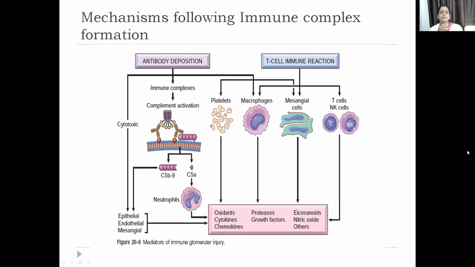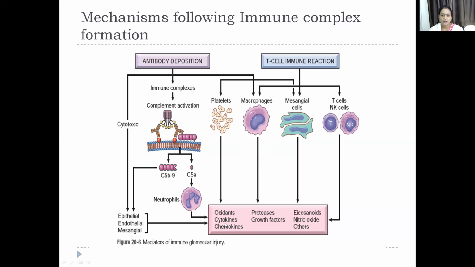Now, after the immune complex formation has happened, what happens? It will attract cells and soluble antigens, which accumulate, and then there is progression of the disease. So let's see what the cells are. The platelets, the macrophages, the mesangial cells, T cells, and NK cells all get proliferated. The cytokines come into action.